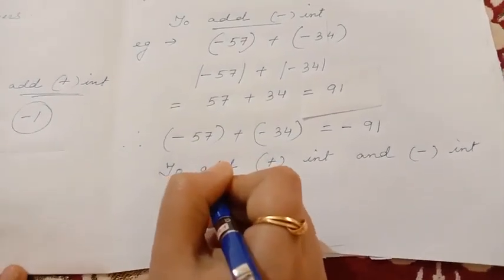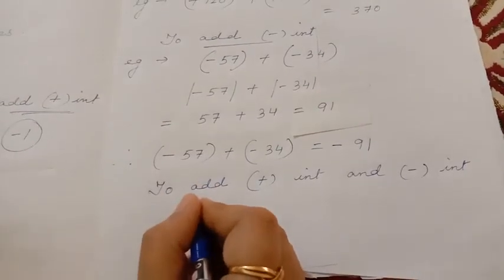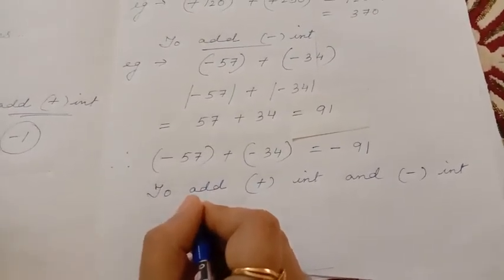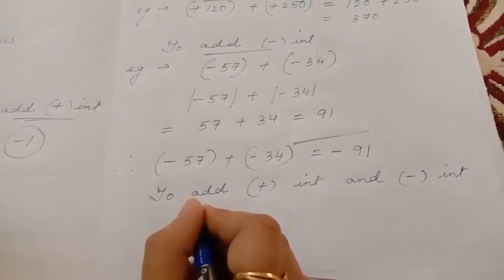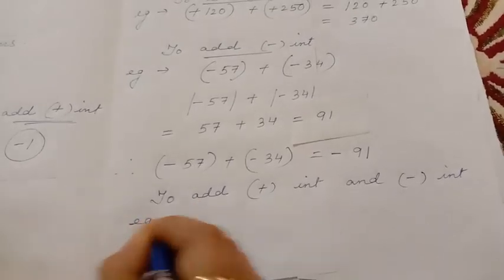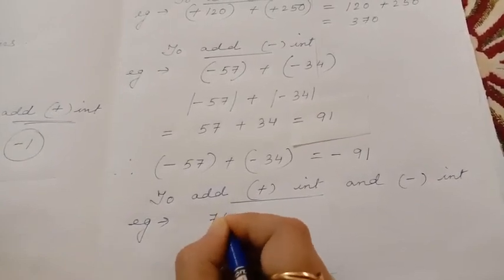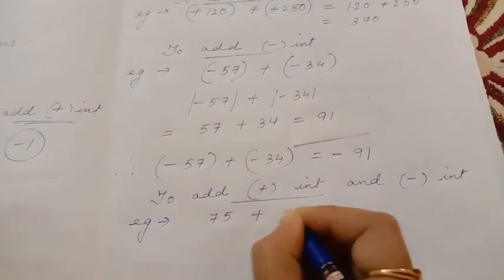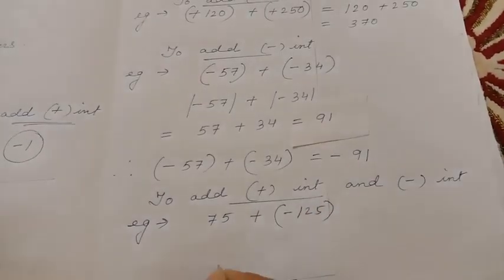For that, you have to subtract the smaller number from the larger number and give the sign of the integer having the larger absolute value. So for example, 75 plus minus 125.